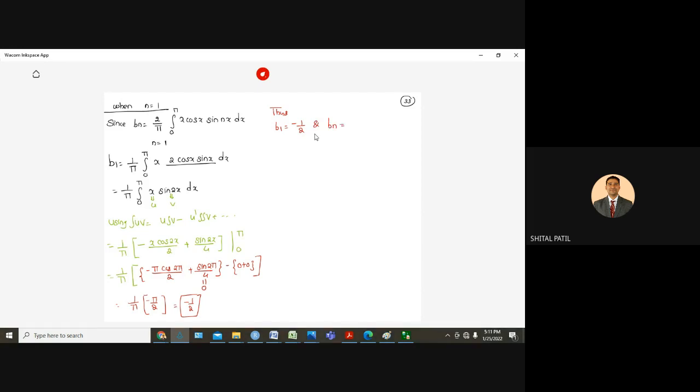dn we obtained on the last page, 2n for n greater than or equal to 2. So we want to write it in this way.